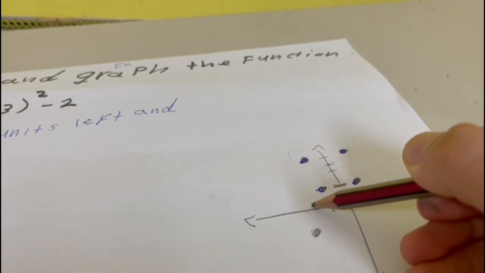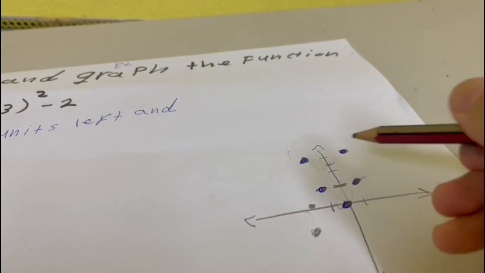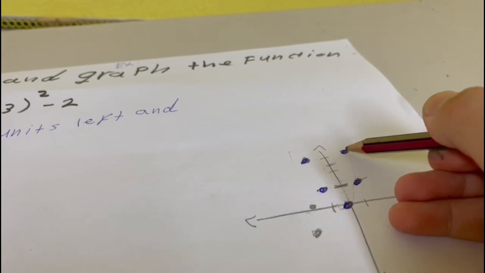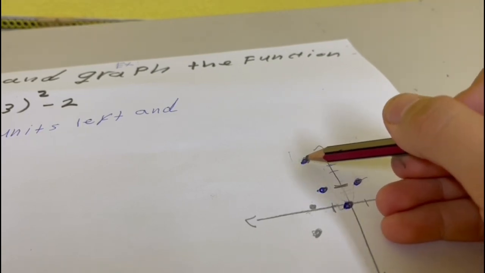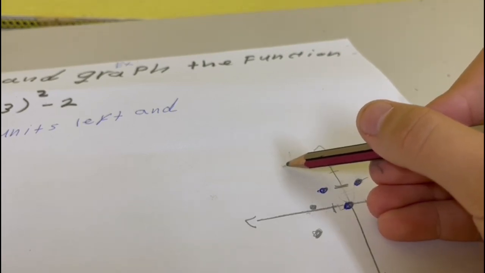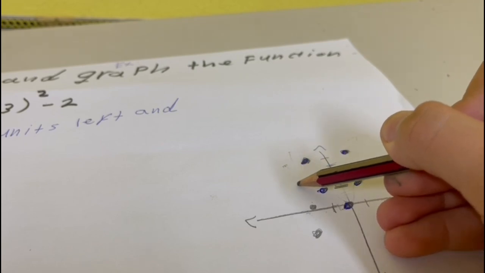Let's say it's here, and we finished with this point. Let's start with this point. 3 units left, 1, 2, and 3, and then 2 units down, 1, 2.